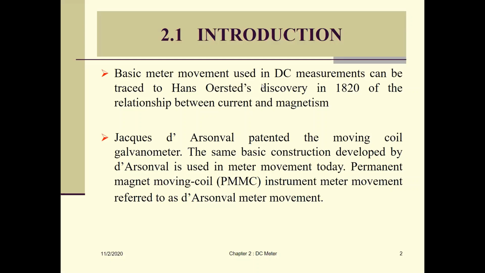Remember before this, maybe in physics, you studied the left Fleming rule and the right Fleming rule. The left that I mentioned to you is for the electric motor, and the right is for the DC generator.